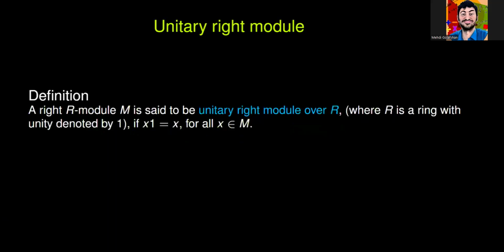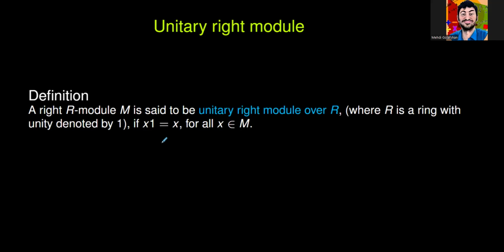So suppose again R has a unity. If 1 belongs to R, then the right R module M is said to be unitary if x times 1 equals x for all x belonging to M. So now we have two types of notations, one is a left module notation and another is a right module notation.